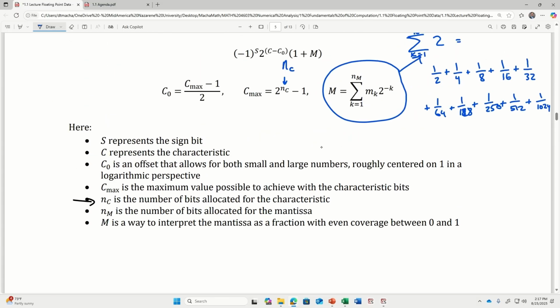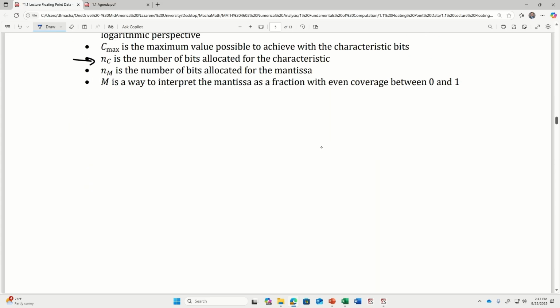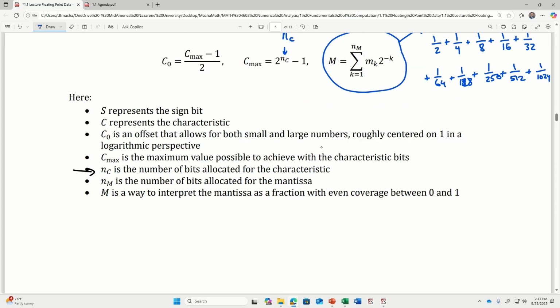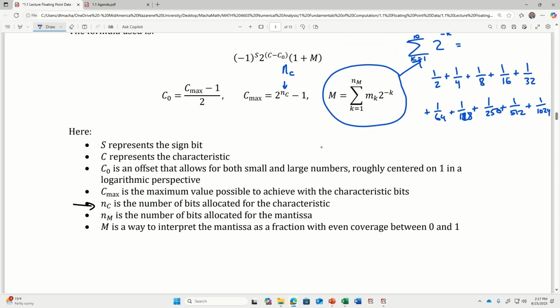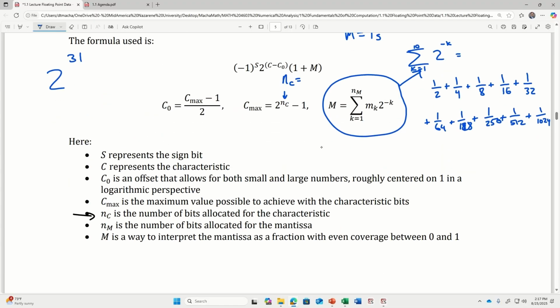And then to figure this number out, I just have to follow my formula. There is a lot to do here. 2 raised to the power capital C minus C0. The capital C was 31. Let's find out what C0 is going to be, because my number of bits for my characteristic in my problem says 5.